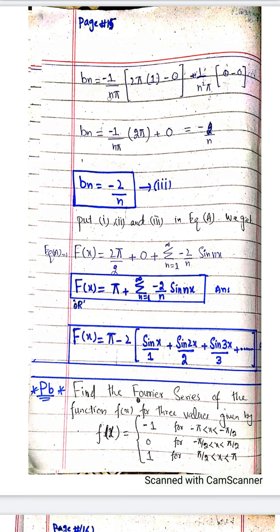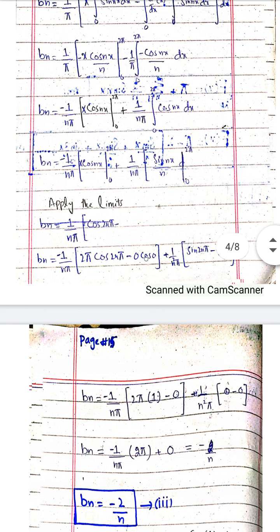So bn is equal to minus 1 over n pi, cos 2n pi is equal to 1 and cos 0 is also 1, but here is 0, so we will multiply with the cos 0, so this gives us 0.